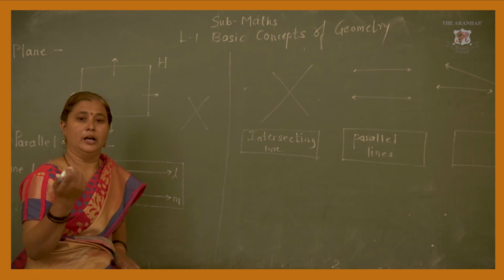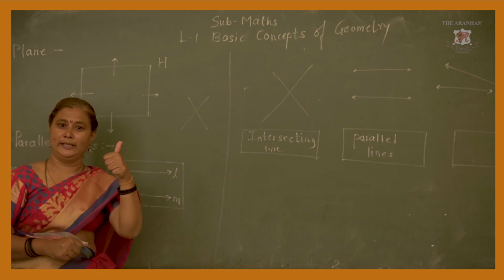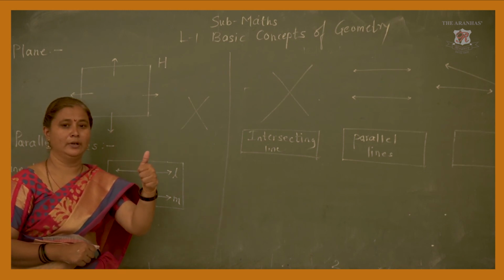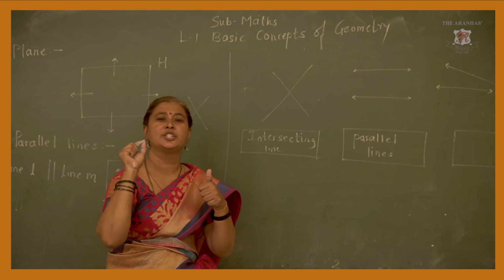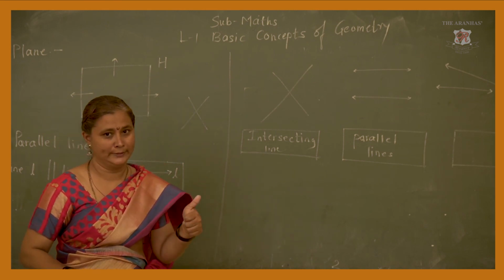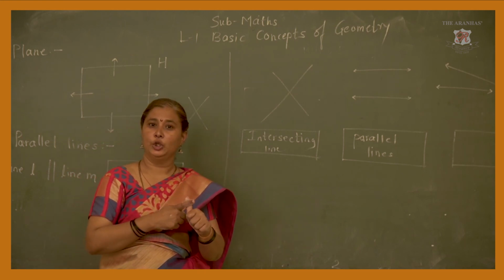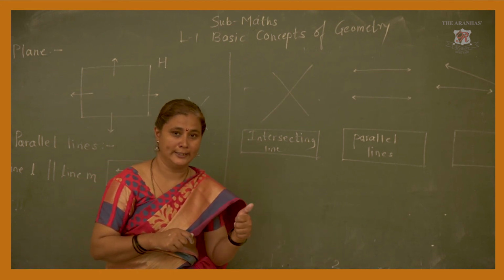Now see what we learned. We learned about the basic concepts in geometry. First is point: a dot drawn by a sharp pencil or pen is called a point.